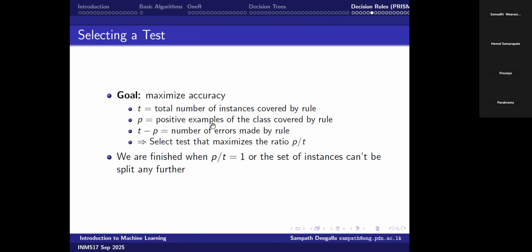That's what we call the positive examples, P. We are trying to maximize the ratio P by T. So if P by T is 1, we know that it's a pure separation, and we can stop at this point.